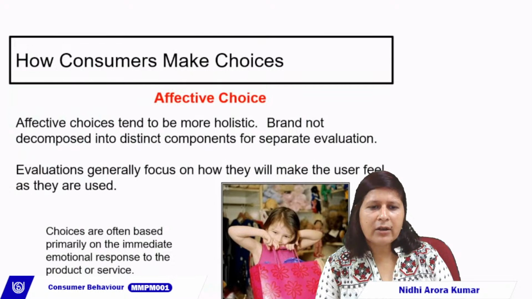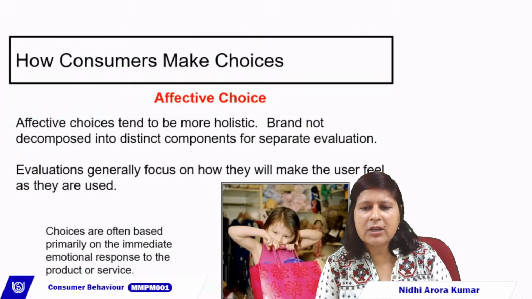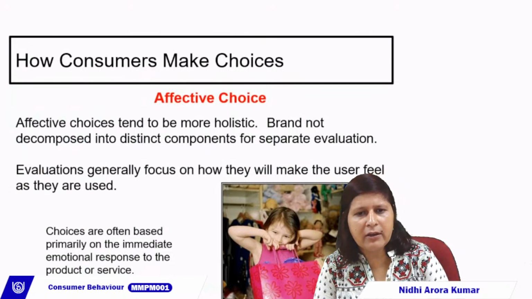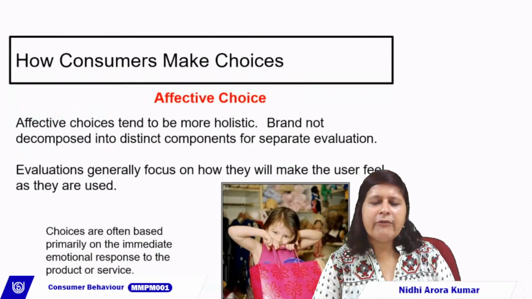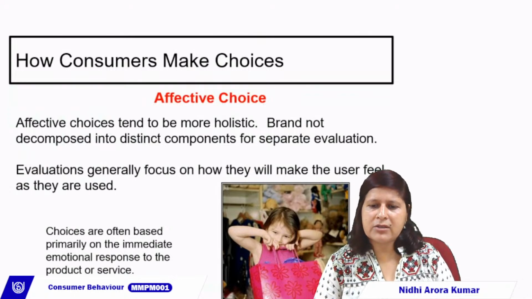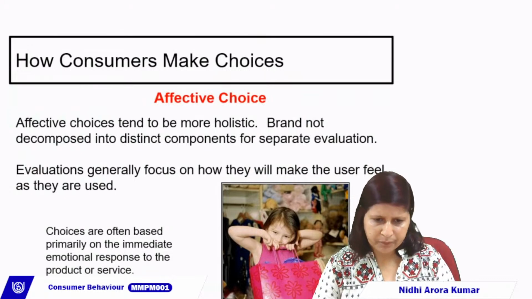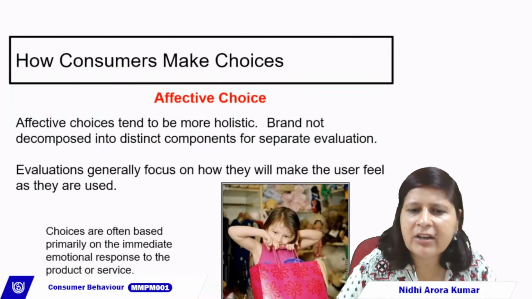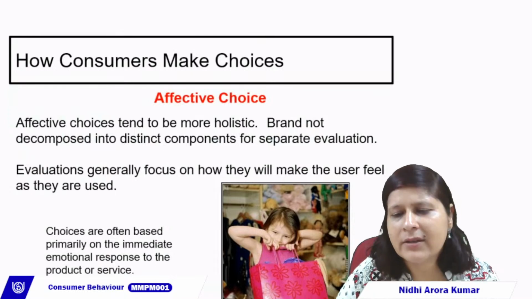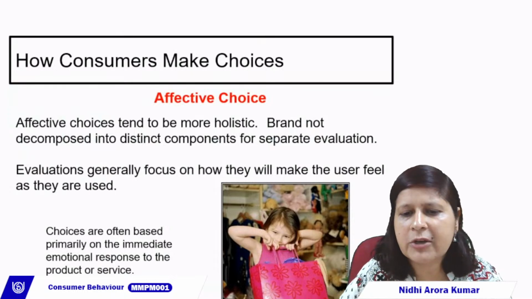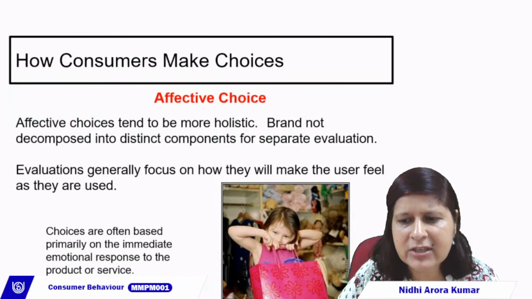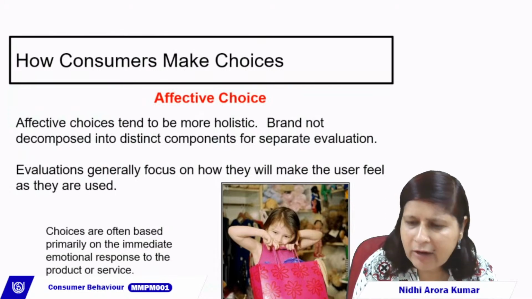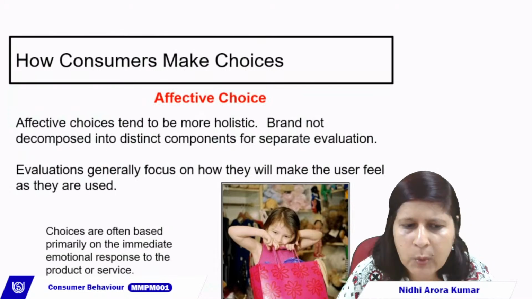The brand is not decomposed into distinct components for separate evaluation. Evaluation generally focuses on how the brand will make the user feel as it is used, right? They don't go for separate evaluation.